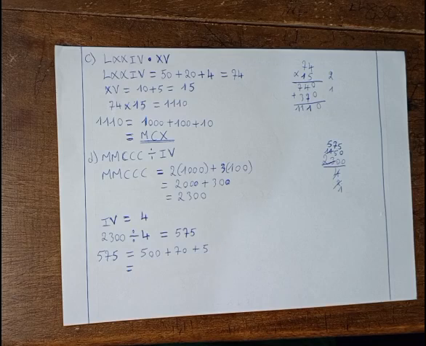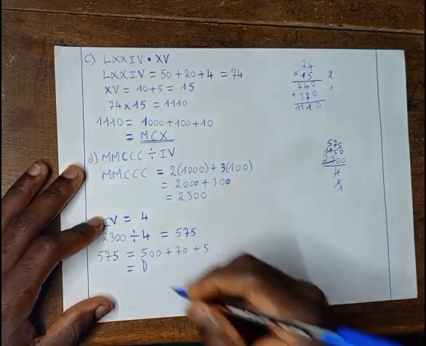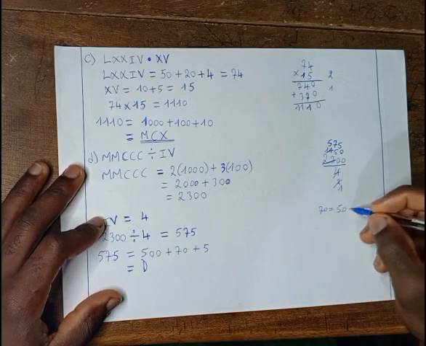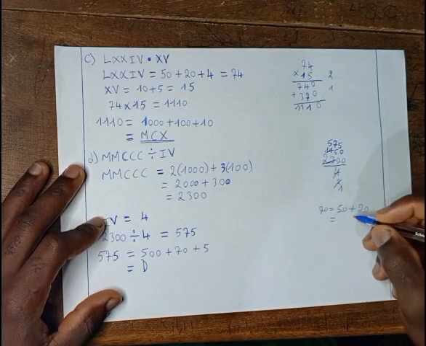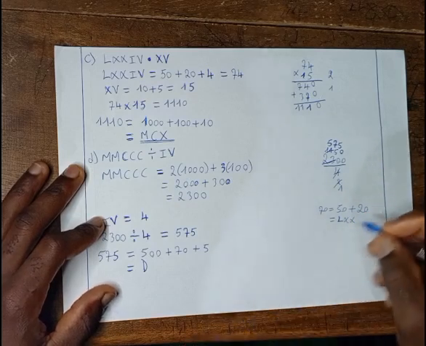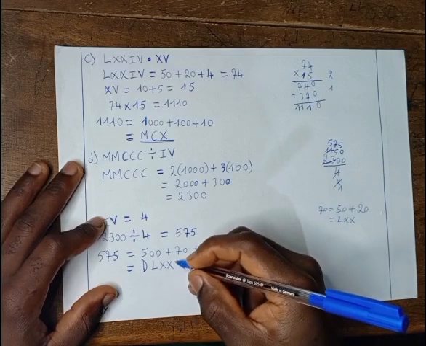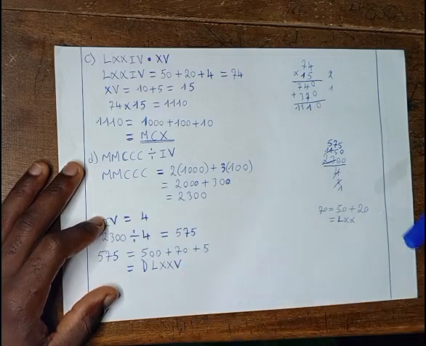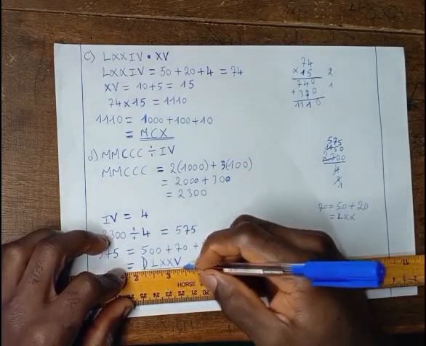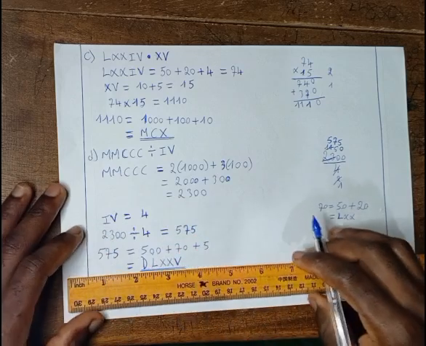We know the Romans represented 500 by making use of the letter D. Then 70, we know 70 is the same as 50 plus 20, which is equal to LXX. They represented 70 by making use of LXX and 5 by using V. So our result will simply be DLXXV. We are done with the correction of the exercise for application.